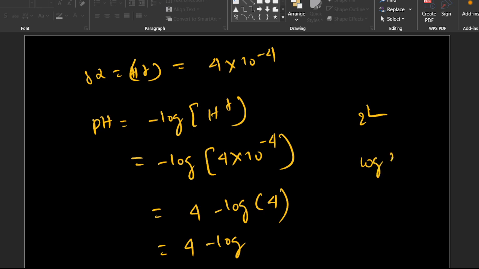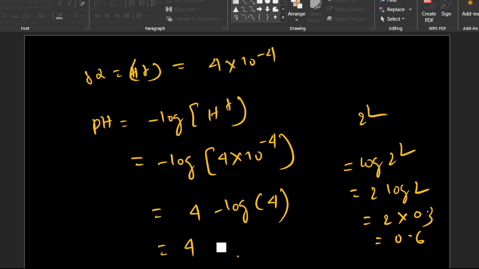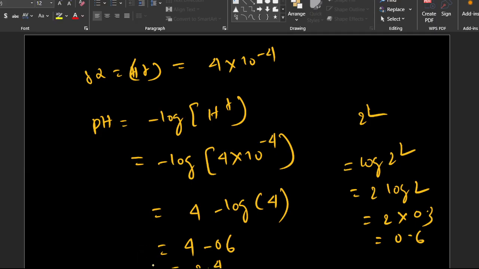So log 2 square will be what? 2 log 2. So 2 log 2, where log 2 is 0.3, is equal to 0.6. So log 4 we can write as minus 0.6, that is 3.4. So this is the pH of the weak acid.